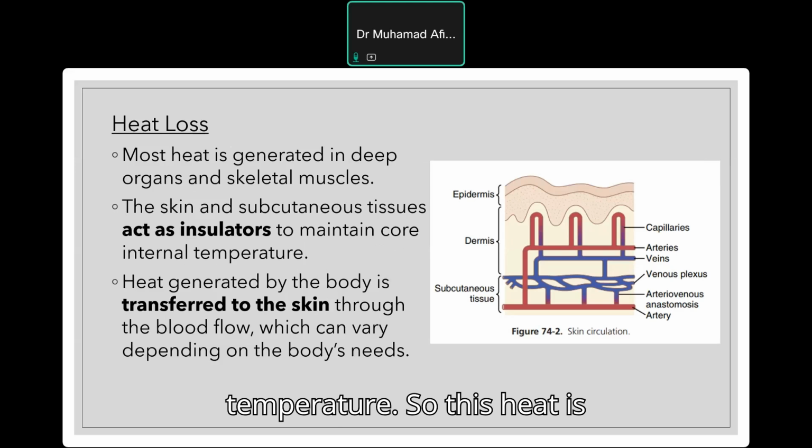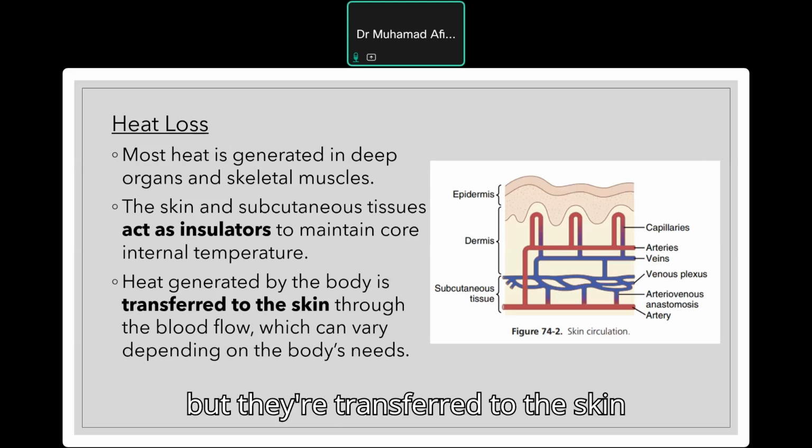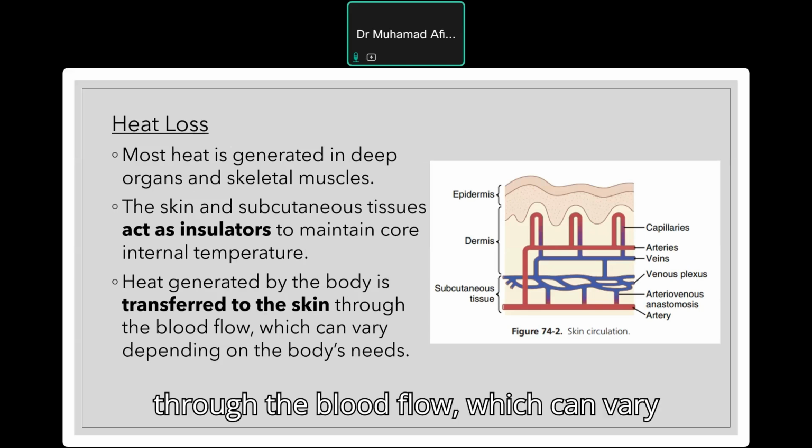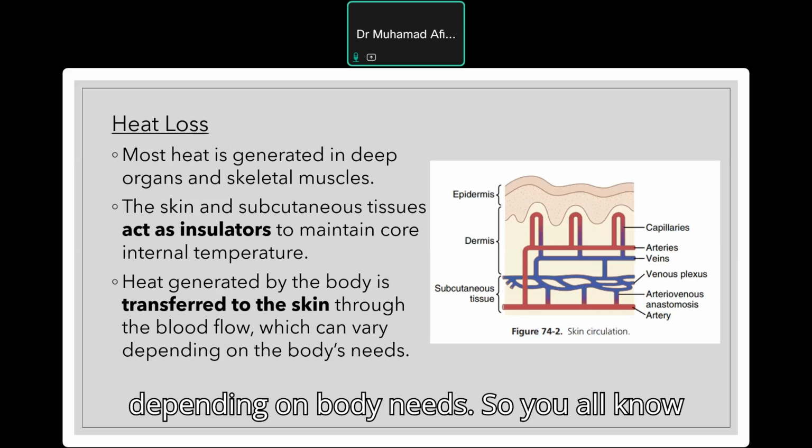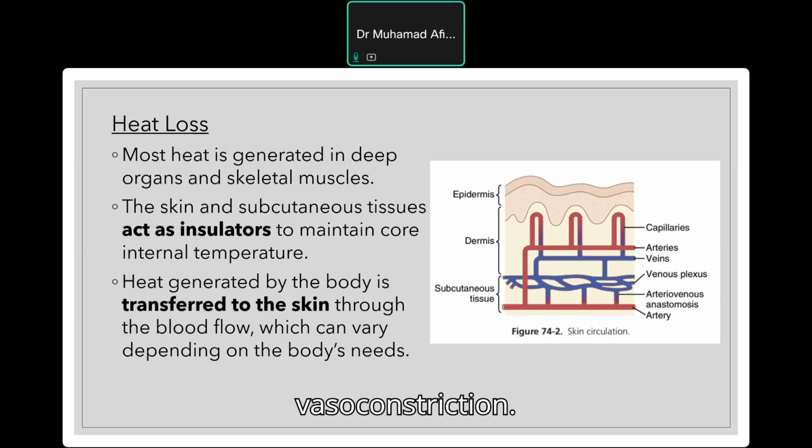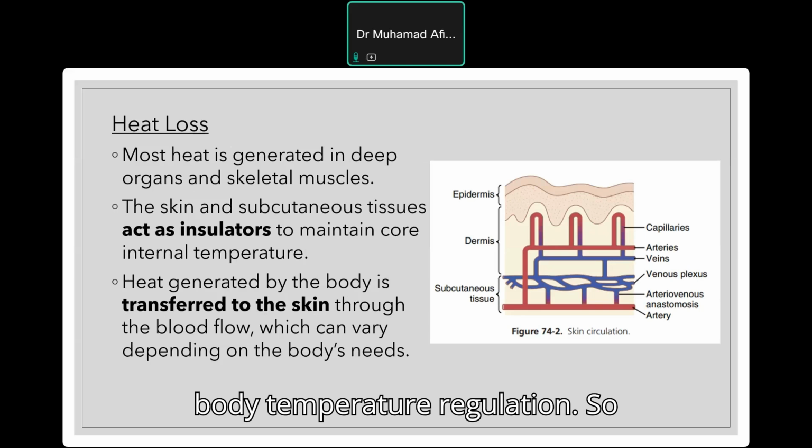This heat is released from our body, usually transferred to the skin through the blood flow, which can vary depending on body needs. You all know vasodilation and vasoconstriction. They are also involved in body temperature regulation.